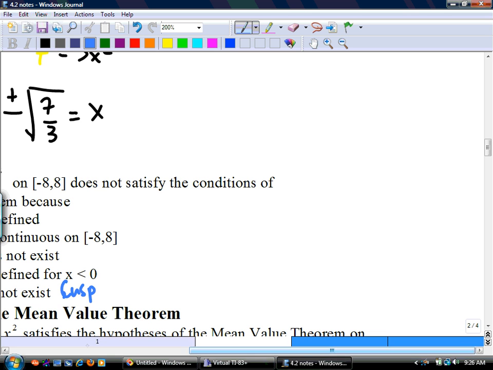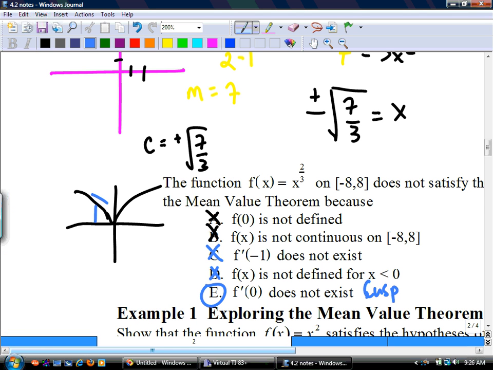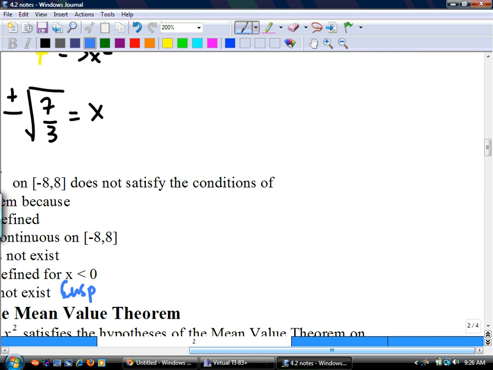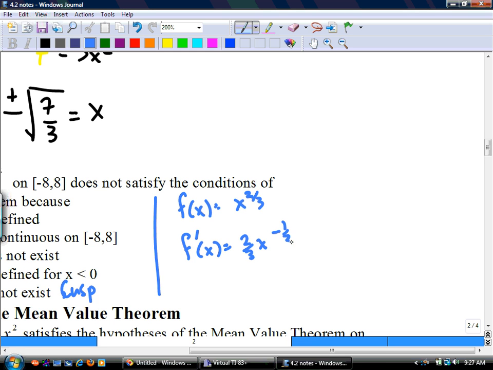Let's pretend I didn't draw this picture, or give you this graph. You did not have access to your graphing calculator for this question. If I took the derivative, f of x equals x to the 2/3, so f prime of x equals 2/3 x to the -1/3.